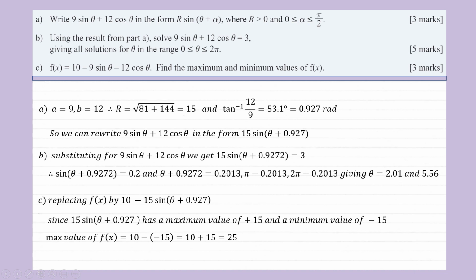Then the function f of x reaches its maximum value, because it's 10 minus minus 15, or 10 plus 15, which equals 25.